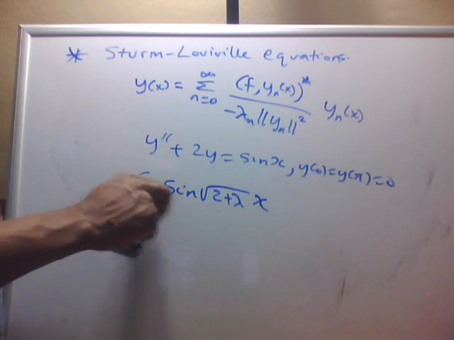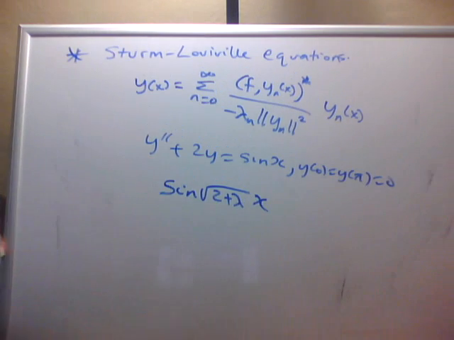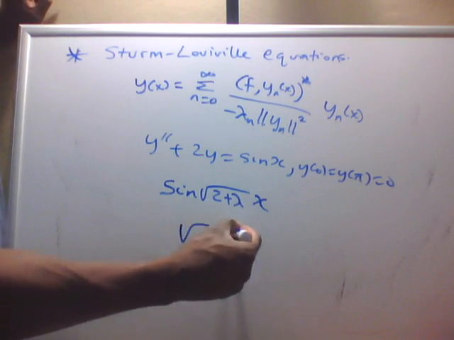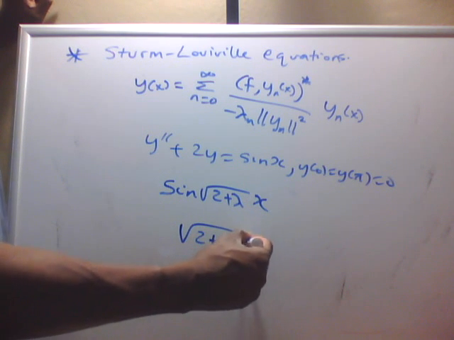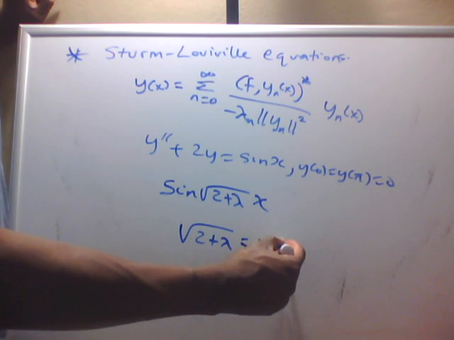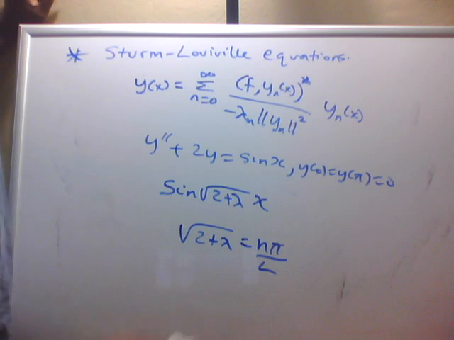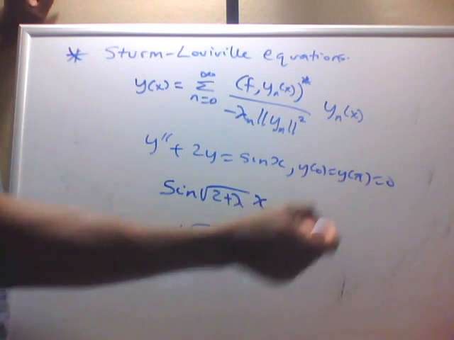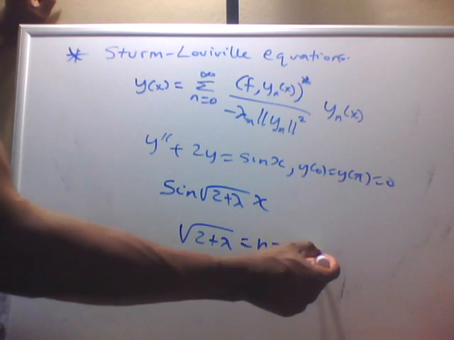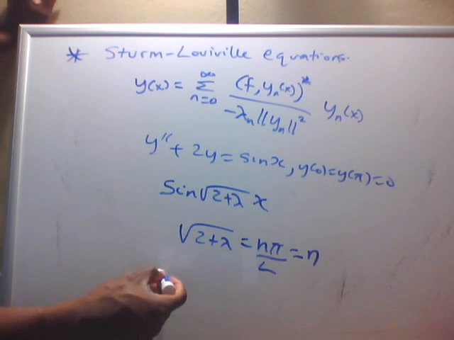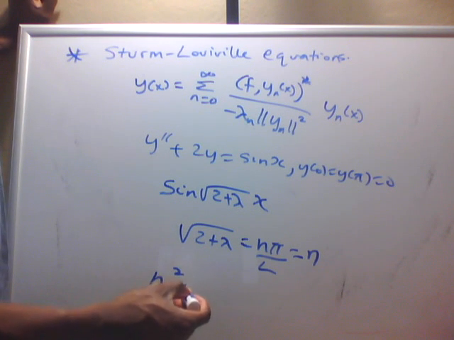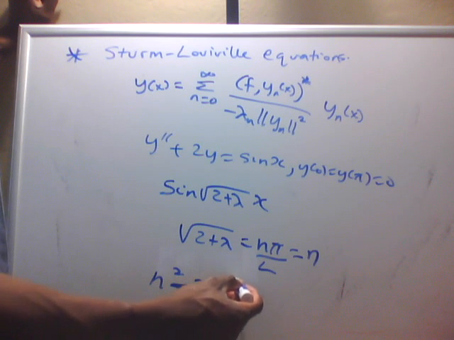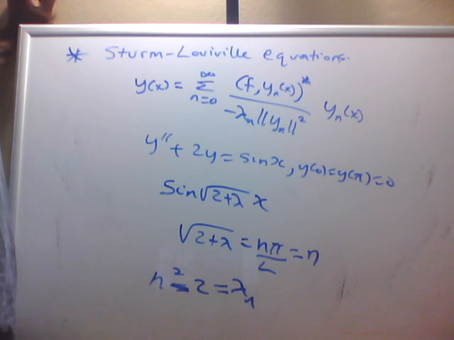The second boundary condition will show that this equals 0. For that to be equal to 0, the square root of (2 + λ) equals nπ/L. Our condition is L equals π, so this is just n. Or if you prefer, n squared minus 2 equals λn.